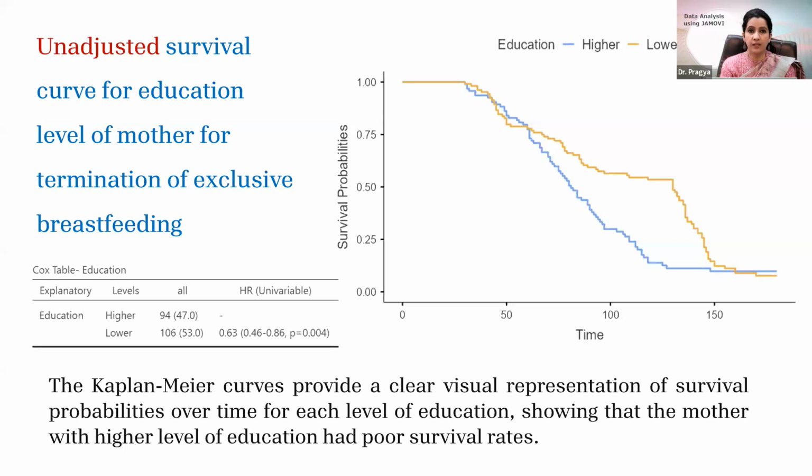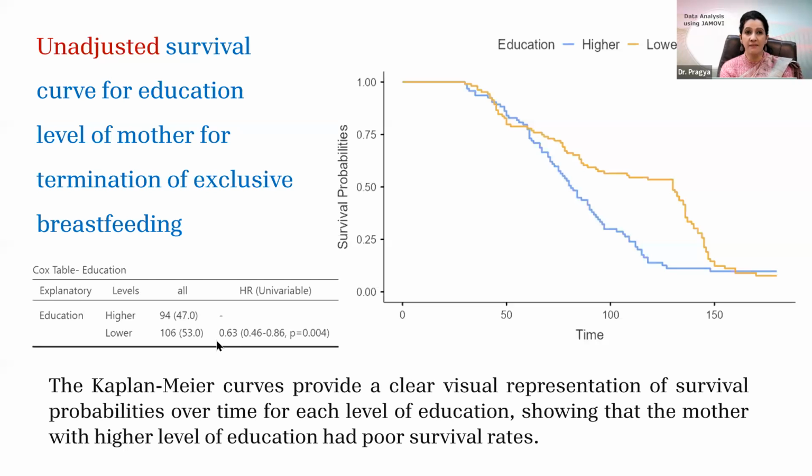In the survival curve, the blue line is for the higher education status and the yellow line is for the lower education status. Survival probabilities are higher for women belonging to the lower educational group as compared to the higher education group. You can see a blank here, which means it is taking higher as the reference. It is 0.63, and we'll see the interpretation also.